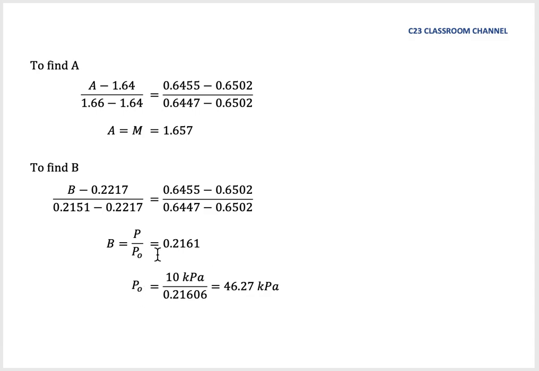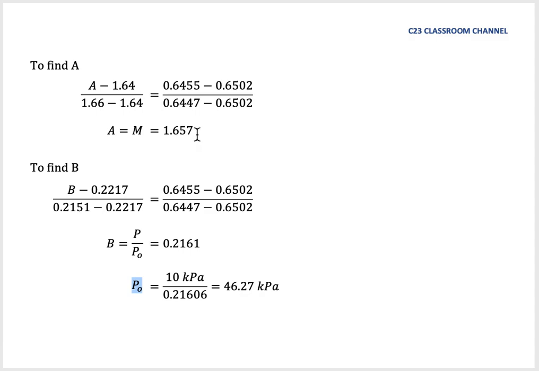Then, because we already know the value of P from the question, we could rearrange this equation and calculate the value of P naught by having 10 kilopascal over 0.2161, and it is equal to 46.27 kilopascal.